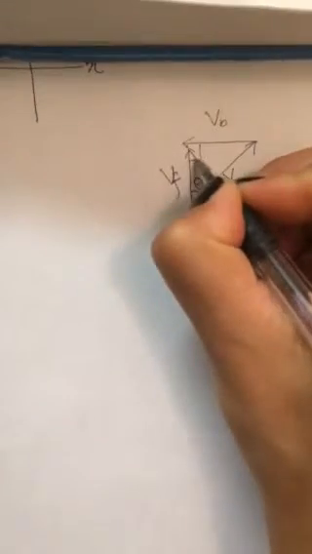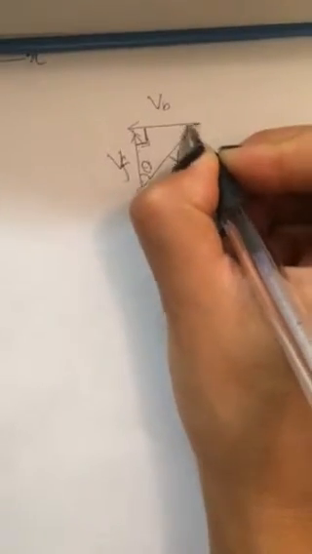The vectors representing the above motions are perpendicular to each other. And since we know the value along this way, the VB, and the speed moving in the negative Y direction this way, we know the adjacent and the opposite side.